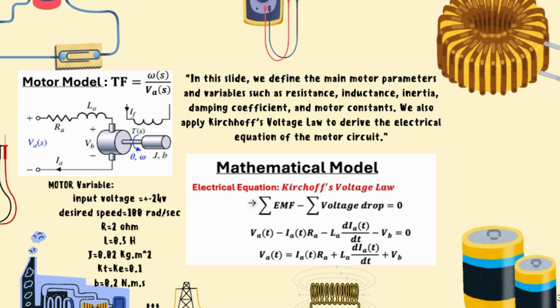According to Kirchhoff's law, the input voltage equals the sum of all voltage drops in the circuit. So the equation includes the resistor voltage drop, the inductance voltage drop, and the back EMF voltage.